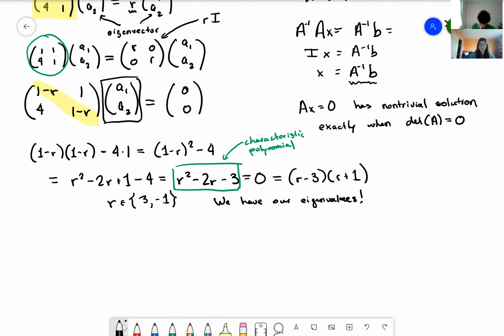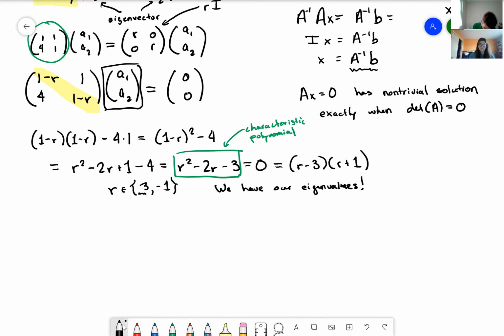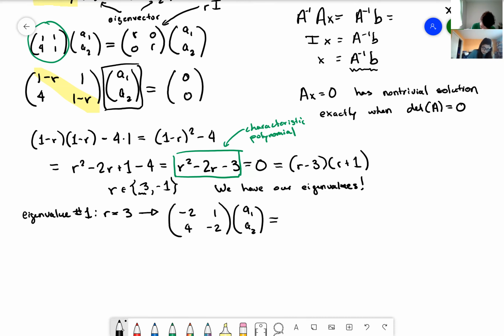Now this is going to be easy because when we take the first eigenvalue, eigenvalue number 1, r equals 3, and plug that into the matrix, what do we get? 1 minus 3 is negative 2, 1, 4, negative 2, times (a1, a2) equals (0, 0).